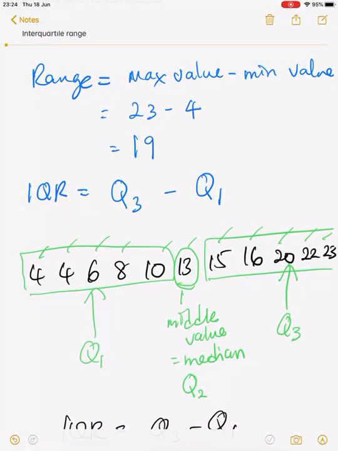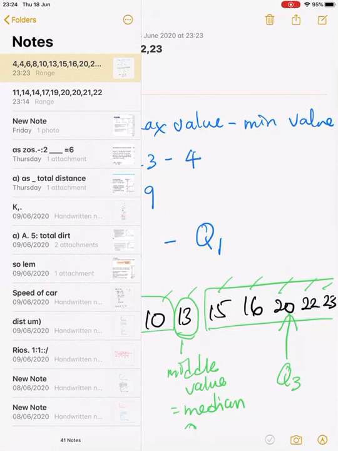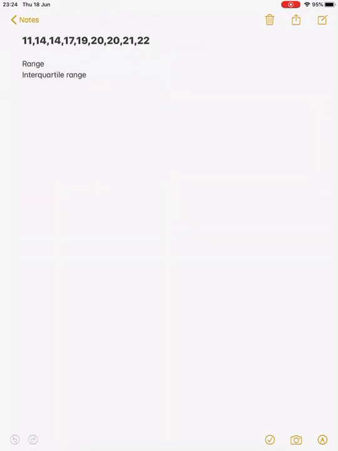So how about the second example? 11, 14, 14, 17, 19, 20, 20, 21, 22. How many values do we have here? 3, 6, 9. 9 values. So the median is the one in the middle. The data is already in ascending order.